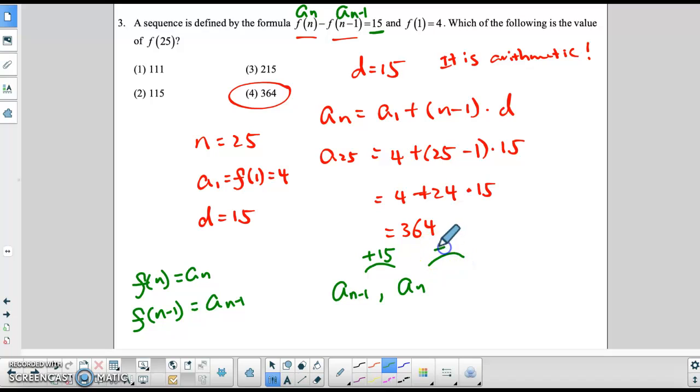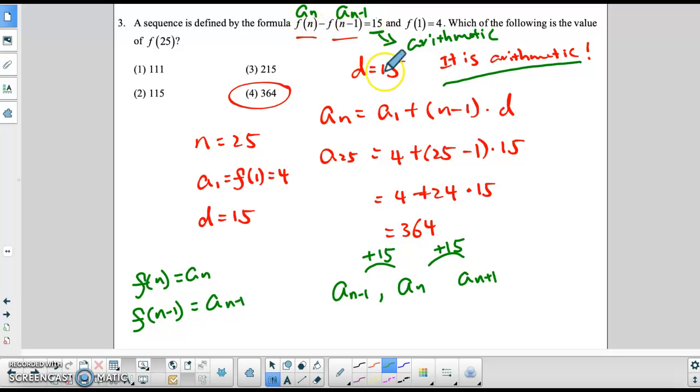You need to add the same difference to get the next one. It's telling you the difference of 2 consecutive terms is 15. So this 15 is the difference of each 2 terms.